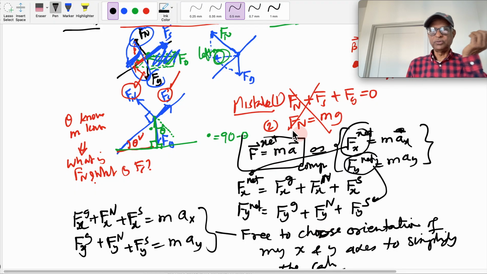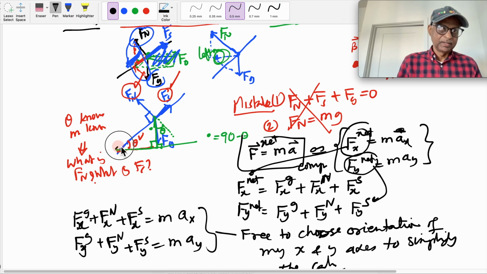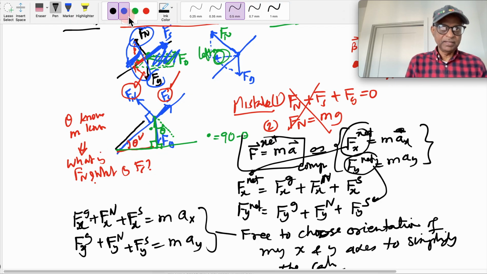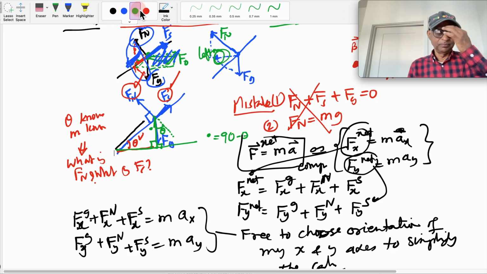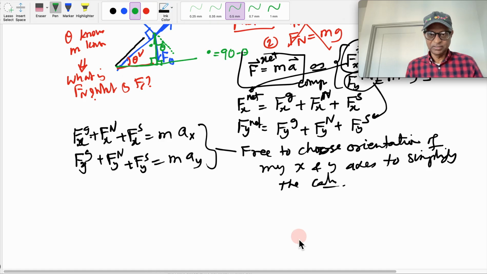And also free to choose the origin, but only direction matters. Okay, let's make a stupid choice and then make a good choice. Here is a stupid choice. A lot of people make this choice.